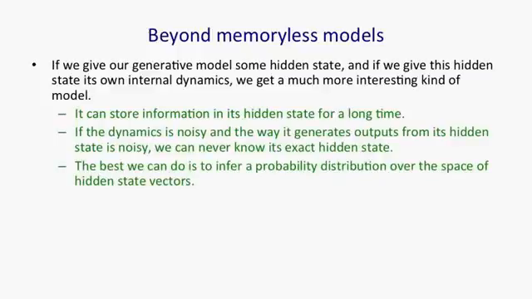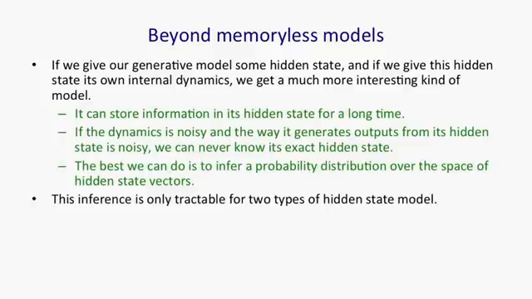You can know that it's probably in some part of the space and not another part of the space, but you can't pin it down exactly. So with a generative model like this, if you get to observe what it produces, and you now try to infer what the hidden state was, in general that's very hard, but there's two types of hidden state model for which the computation is tractable.